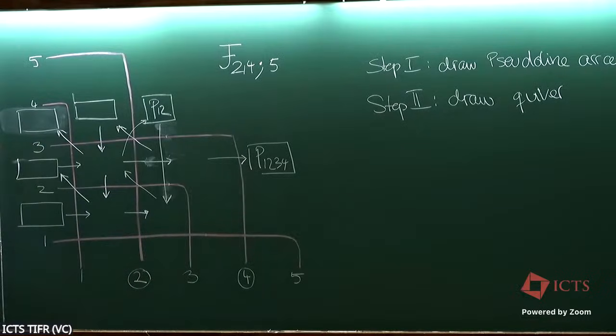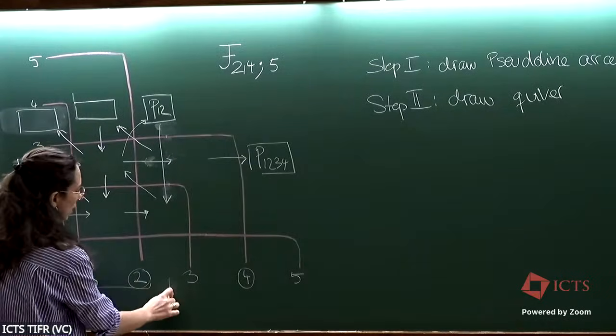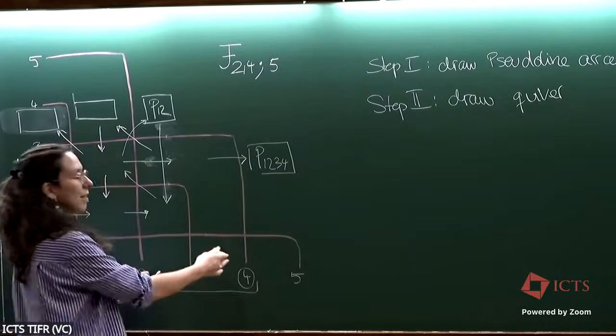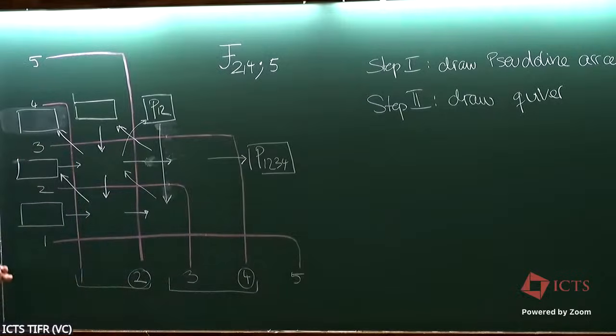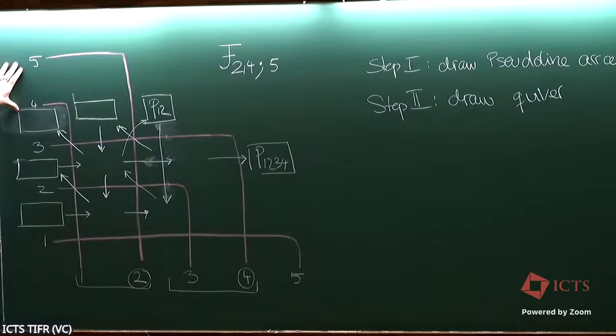And then there was this rule that we draw pseudo-lines, and within this block from 1 to d1, and then d1 plus 1 to d2, etc., the lines don't intersect, but just go up, do one turn, and end up in the corresponding slots here. And additionally, we wanted the first block to map to the last block of lines here, and then continue accordingly. So this was the example 2, 4, 5.